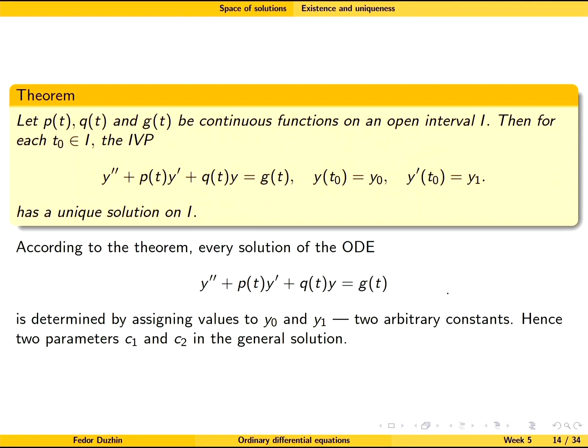Therefore the general solution of a second order differential equation is going to have two constants, two parameters, not one parameter like for first order. Generally speaking, if you have a differential equation of order k, then its general solution is going to have k constants, k parameters.